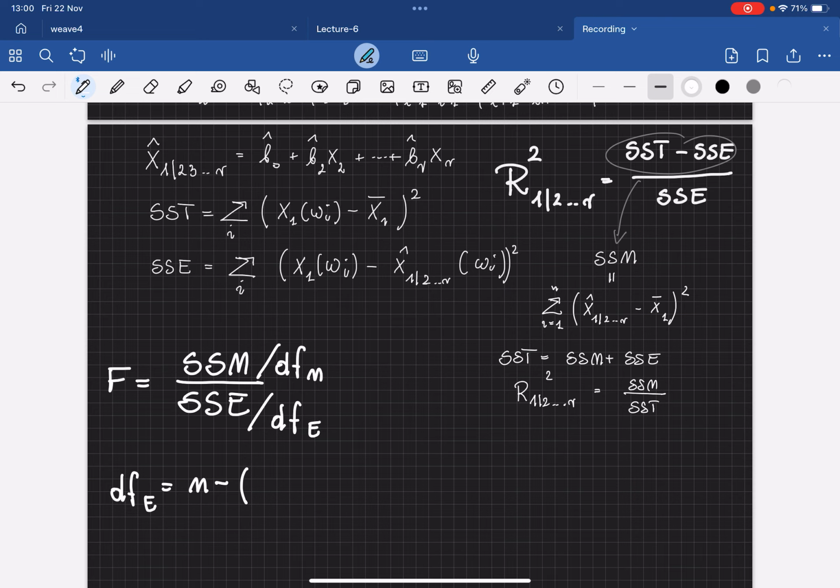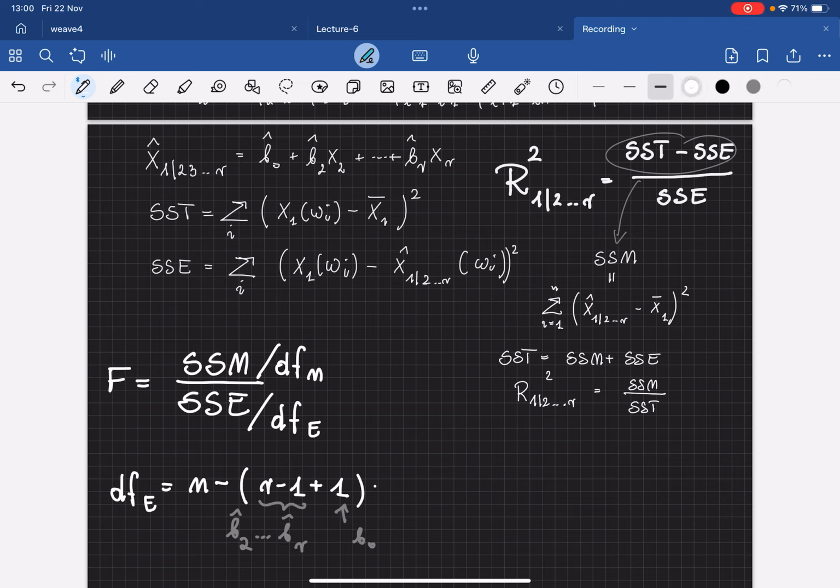The estimated parameters: these are all those b's from b2 to br. There is r minus 1 of them, and then there is still one more estimated parameter, which is this b0.